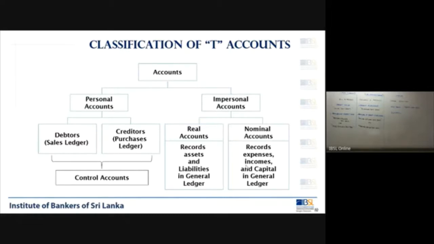Any other account that you will have in your business is known as an impersonal account. All the personal accounts will reside in your sales ledger or the purchases ledger, and it will also have the control accounts.